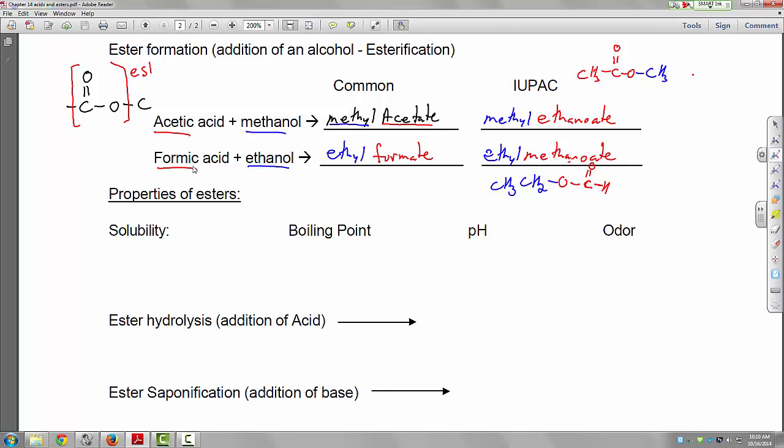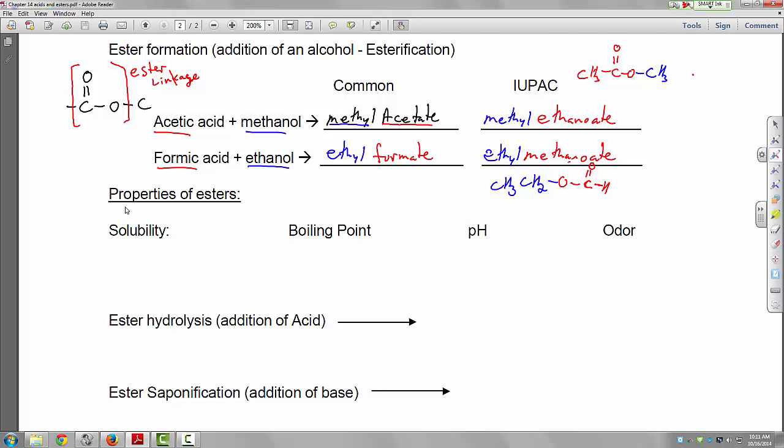We just refer to this as the ester or the ester linkage. If this was a hydrogen over here, then it would simply be an acid, but we replace the hydrogen of the acid with an alkyl group, so either methyl, ethyl, propyl, isopropyl, butyl, octyl, whatever.